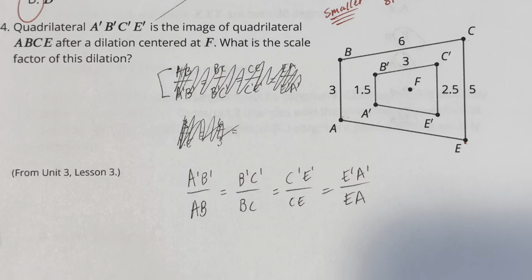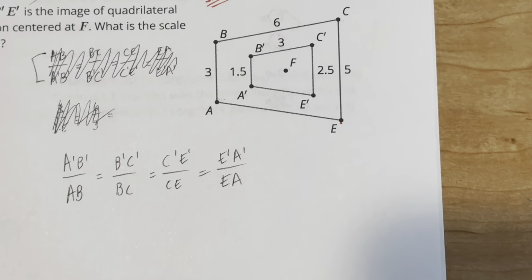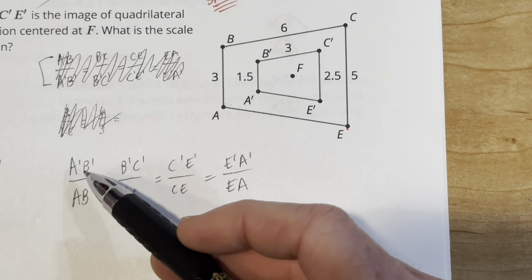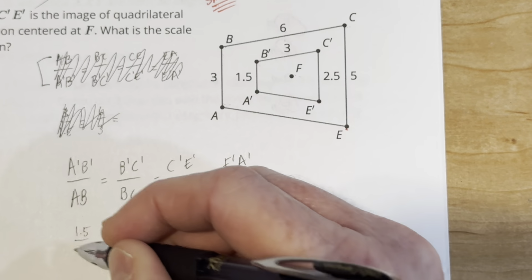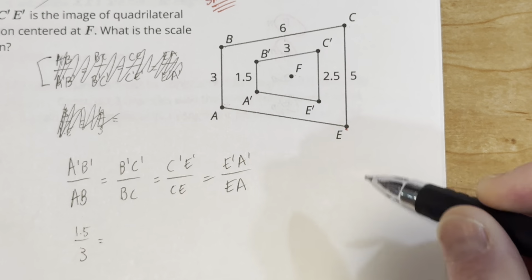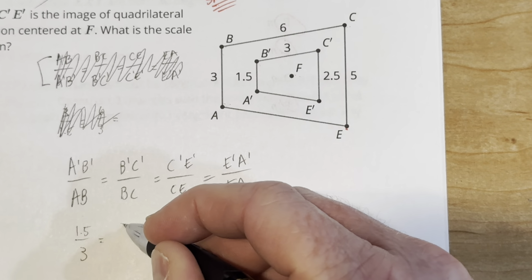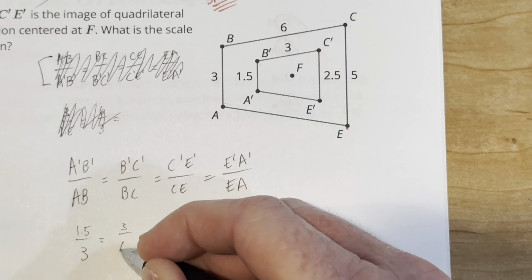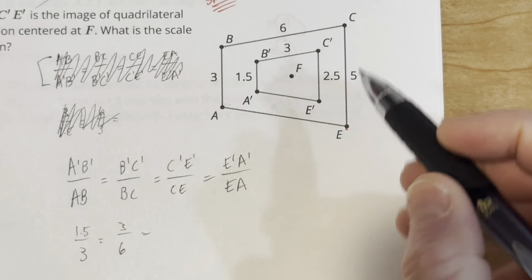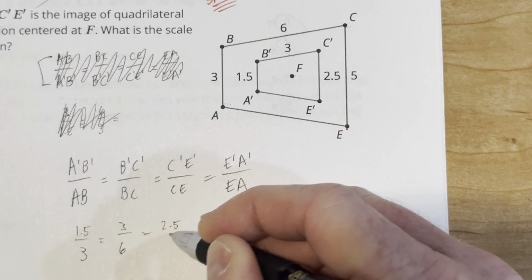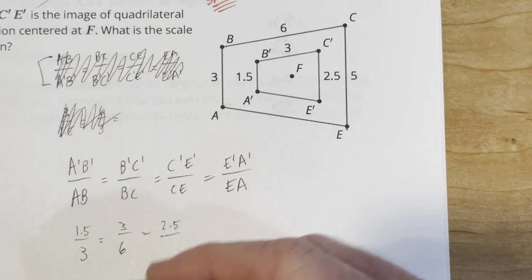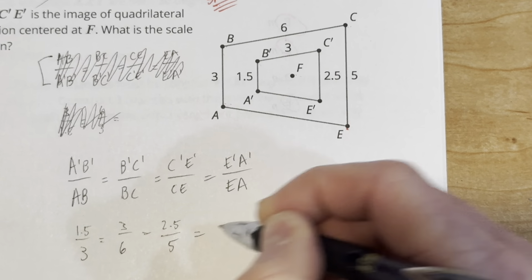Let's try this again, because I know it's getting smaller. So here we go. A prime, B prime is 1.5. AB is 3. B prime, C prime is 3. BC is 6. C prime, E prime is 2.5. CE is 5.